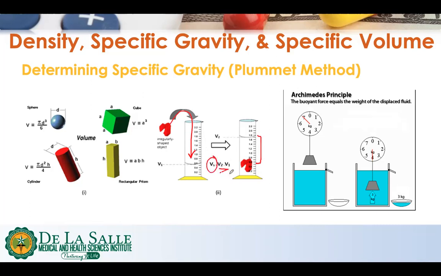It is basically the change in the volume of the liquid when the solid is placed or immersed in it. Now, the buoyant force or the decrease in the weight that is determined in the solid that is immersed in a liquid is the same as the weight of the displaced liquid. So those are the two things that you need to remember in the plummet method or the displacement method based on the Archimedes principle.